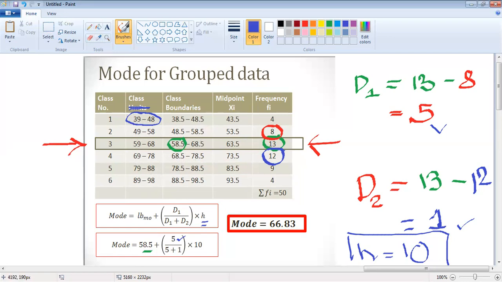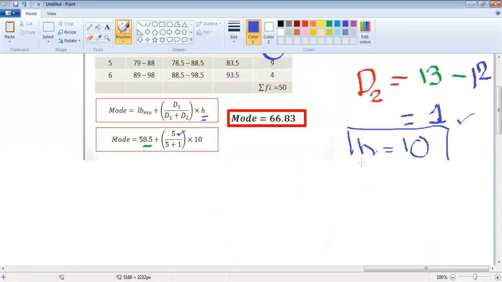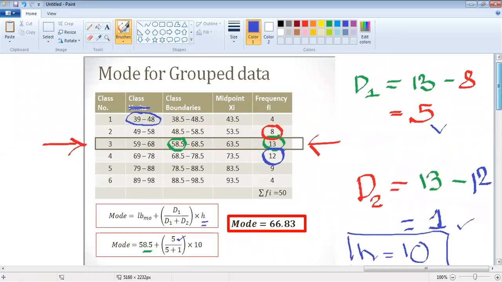Or you can count from 39 up to 48, which will be your last interval. So that is your class width.